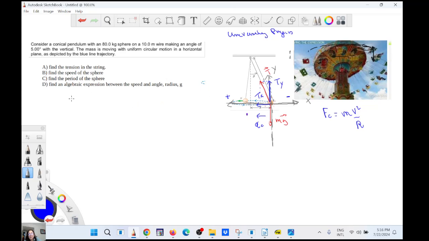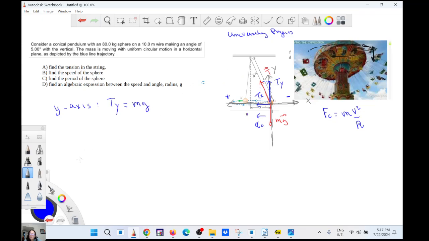Now, you can write along the y-axis Newton's second law. It's easy, there is no acceleration here. Both forces balance out. So we can say that the y component of the tension equals the weight.